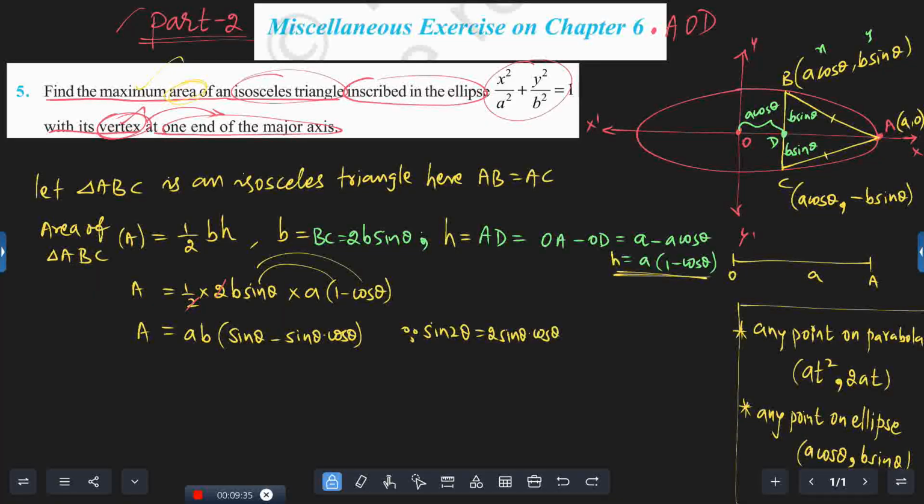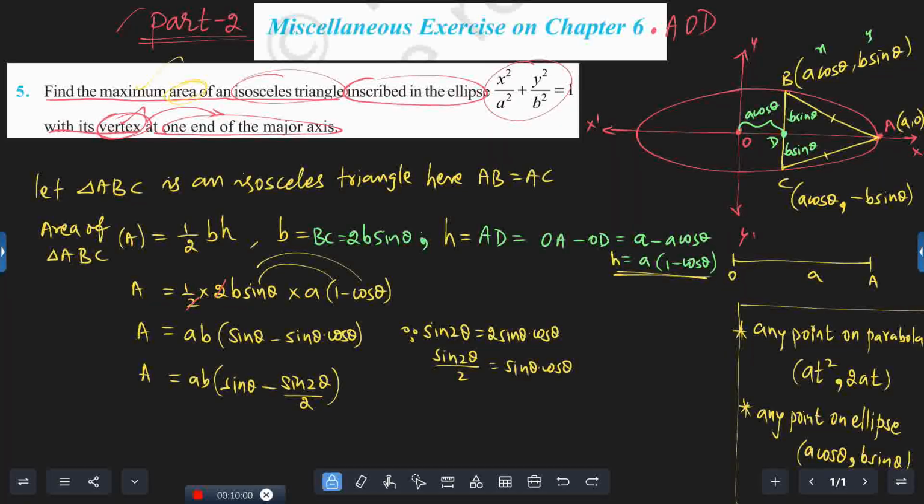So send the 2 to the opposite side, and you get sin theta into cos theta. AB is a constant, let it be. Sin theta minus this, together I mention sin 2 theta divided by 2. This is our required value of A.